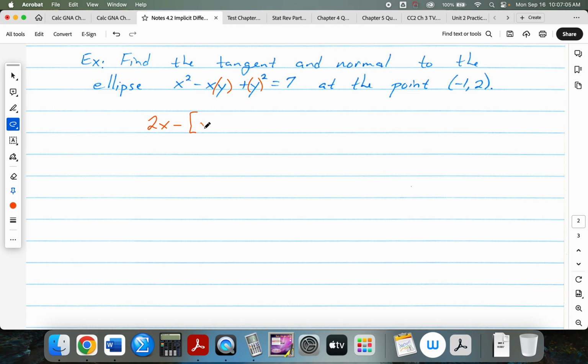So that'll be the first factor, x, times the derivative of the second factor, so that's dy/dx, plus the second factor, y, times the derivative of the first factor, the derivative of x is just 1.